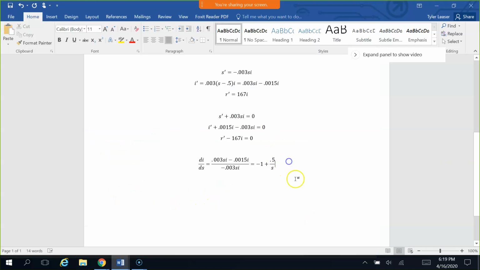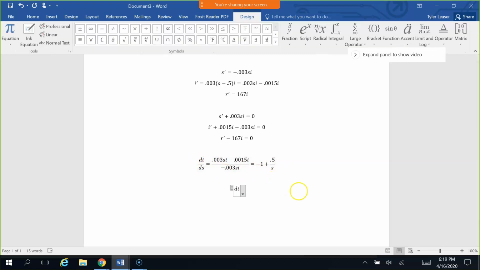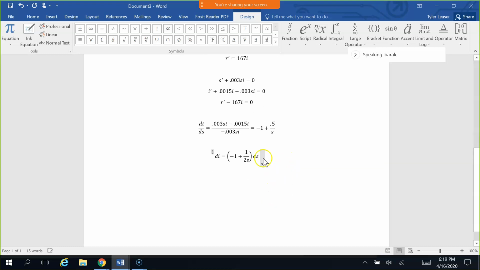Okay, so now what they did is they just solved this as is. So this is a separable differential equation at this point. So we're going to break it down to be dI on the left-hand side, and we're going to multiply the dS over to the right-hand side.